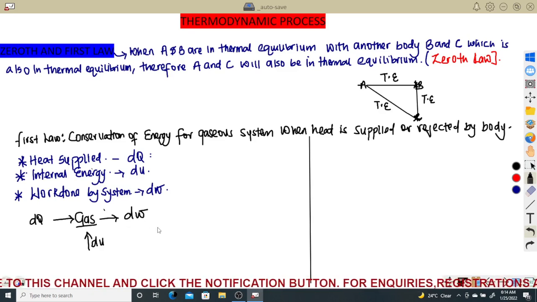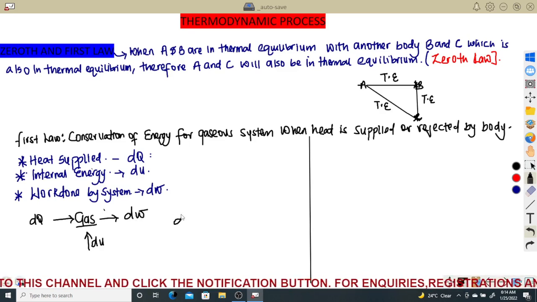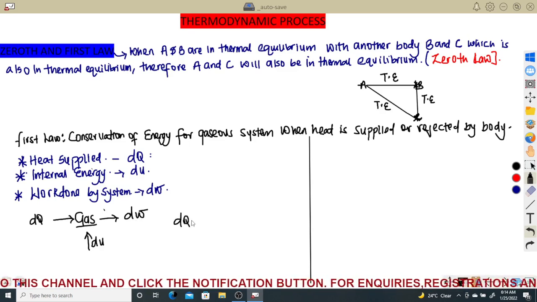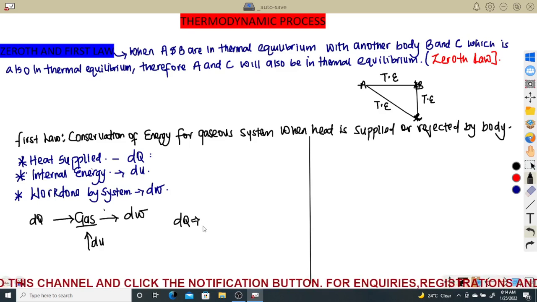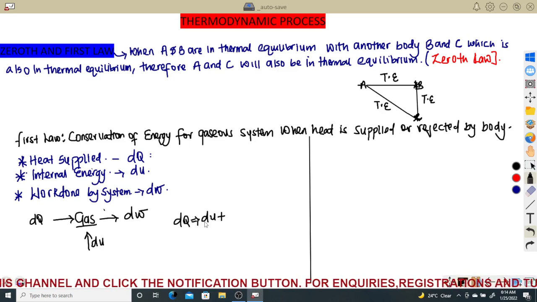By conservation of energy, we write the first law as follows: the amount of heat supplied to a body increases the internal energy of the gaseous system in which the heat was supplied, and because of that, work is done to the surroundings. So dQ = dU + dW.